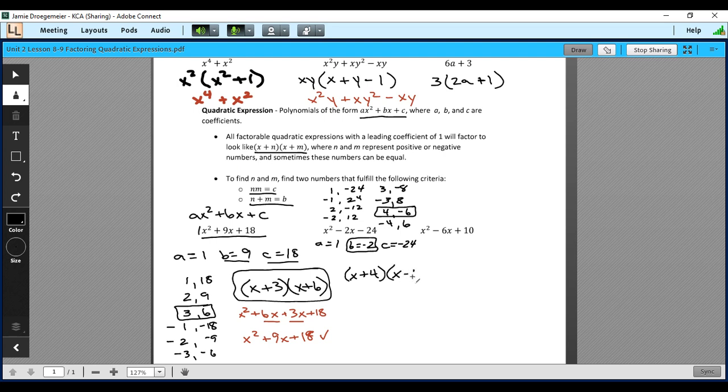So x plus 4 times x minus 6 is going to be my factored form. And if we wanted to check, we multiply just like we did back here, and that would confirm that when we multiply those together, we get x squared minus 2x minus 24.